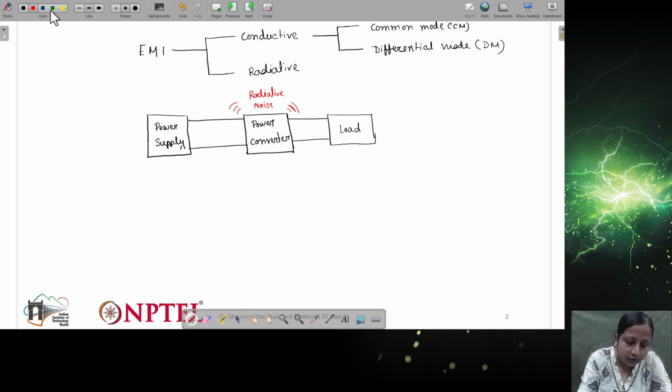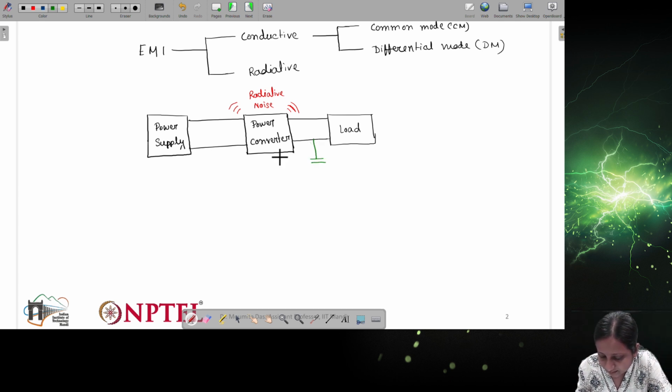Now again, there can be some parasitic components present in the path. What are those parasitic components? One component is the parasitic capacitance. This capacitance will be connected to the protective ground. I can make this protective ground common for all the parasitic capacitances.